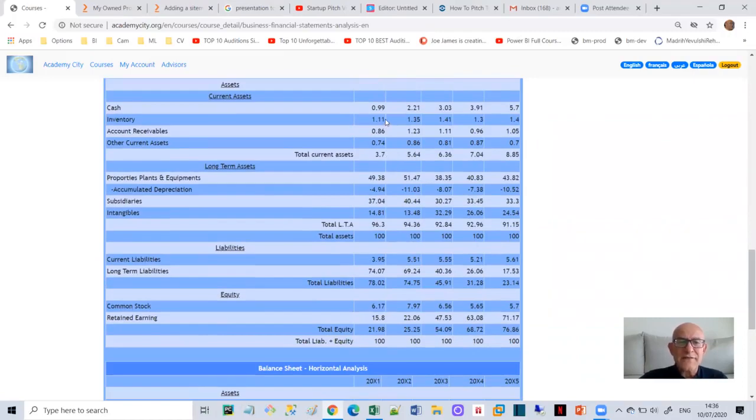We discovered that in the first year, we had the cash at almost 1%. On the other hand, in the second year, it becomes 2.21. That means proportionate to the total assets, I am holding twice as much cash. Not only the cash went up, but it went up at an even higher rate than the total assets did. That's one reason why we do that.